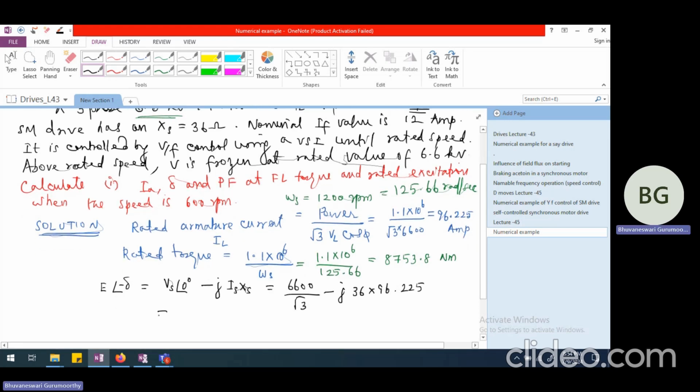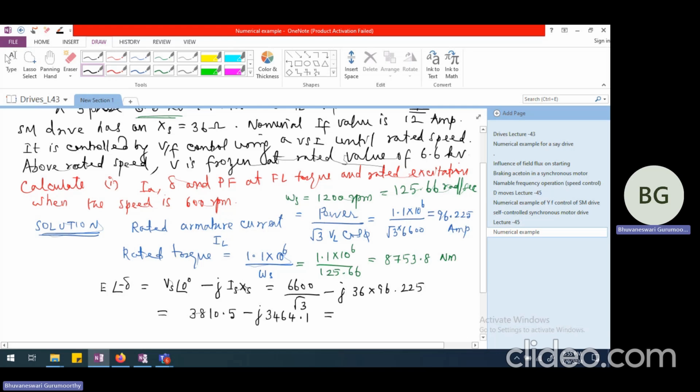So when you calculate this as a complex number, this comes out to be 3810.5 minus J3464.1.